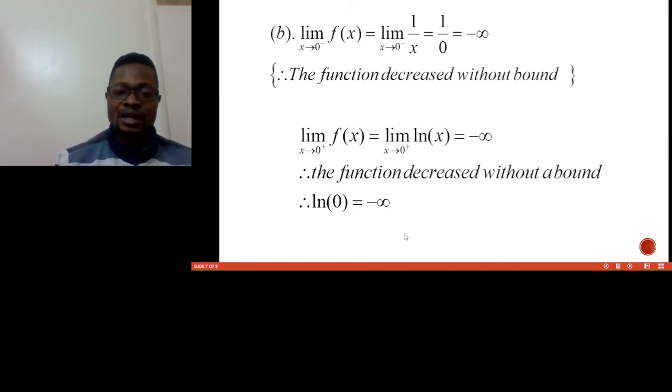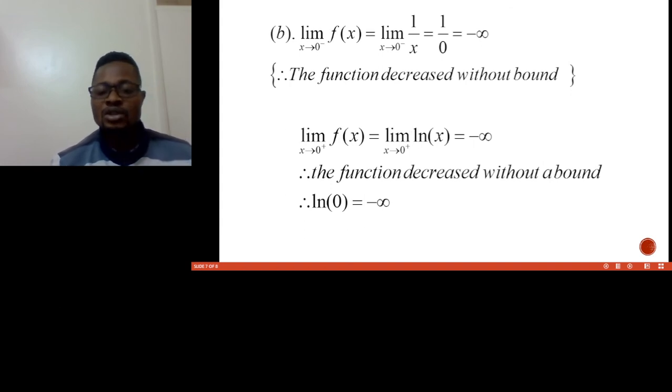If you integrate ln of x, you will find out that you will still get 1 over x. So it means that ln of x is also 1 divided by x, which will also give us negative infinity. Or with direct substitution, you put 0 in this x, ln of 0 is negative infinity. It also means that the function decreases without bound.